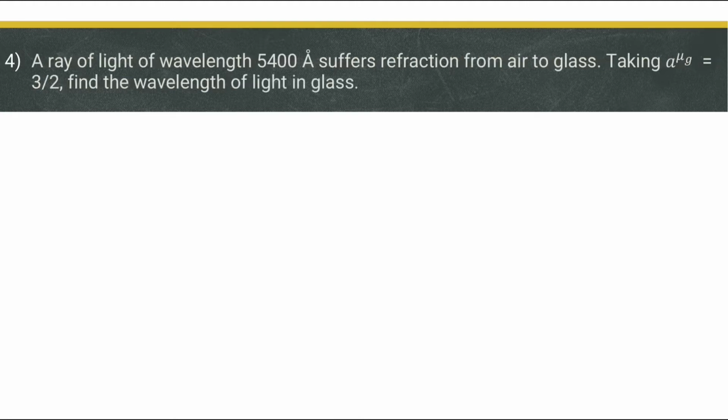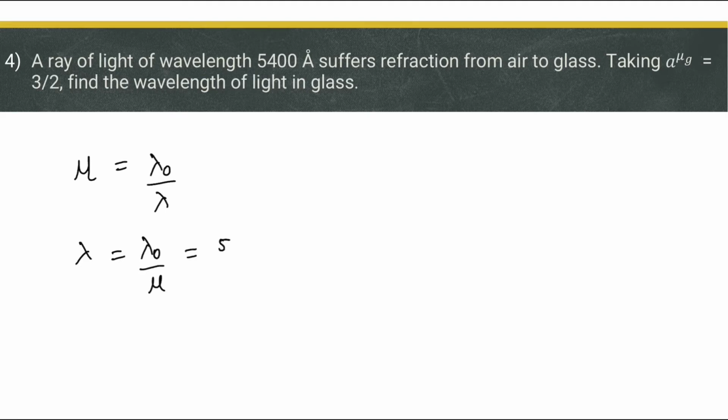Fourth numerical. A ray of light of wavelength 5400 angstrom suffers refraction from air to glass. Taking A mu g is equal to 3 by 2, find the wavelength of light in glass. Refractive index is lambda 0 upon lambda, where lambda 0 is the wavelength in vacuum or air, and lambda is the wavelength in a given medium. So lambda, if I make it the subject, is lambda 0 upon mu.